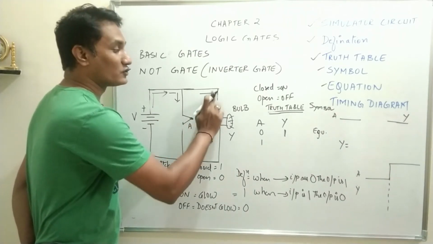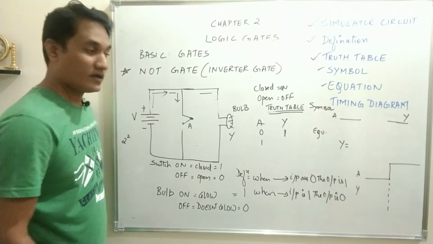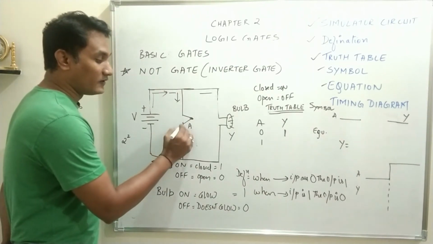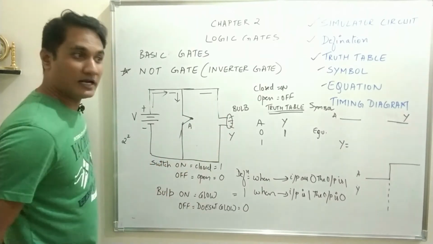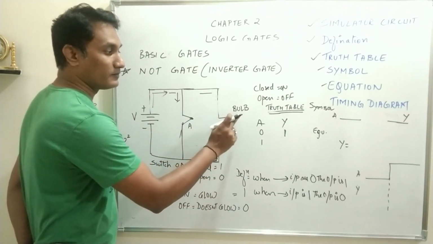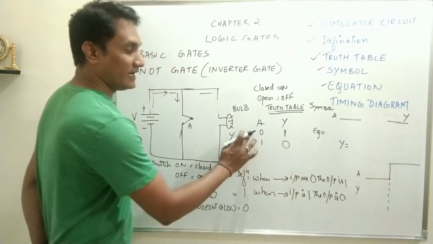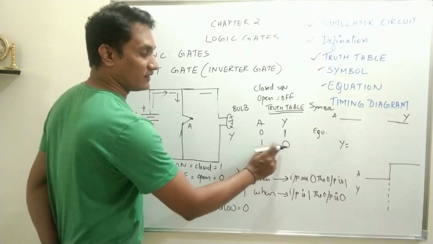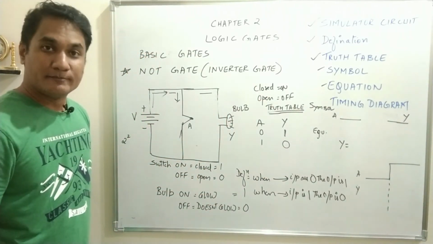No current flows through the bulb because the bulb provides high resistance. So if no current is flowing through the bulb, it doesn't glow, the output will be 0. So when A is 0, the output is 1. When A is 1, the output is 0. Therefore it is called an inverter gate.